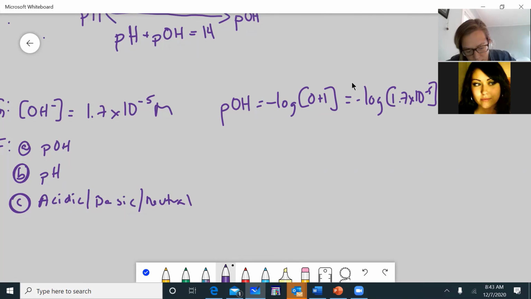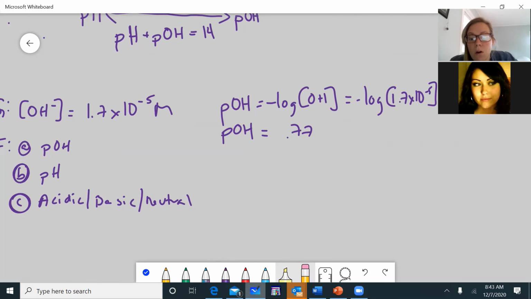Hold on one second. Okay. So I get a pOH equal to 4.77.